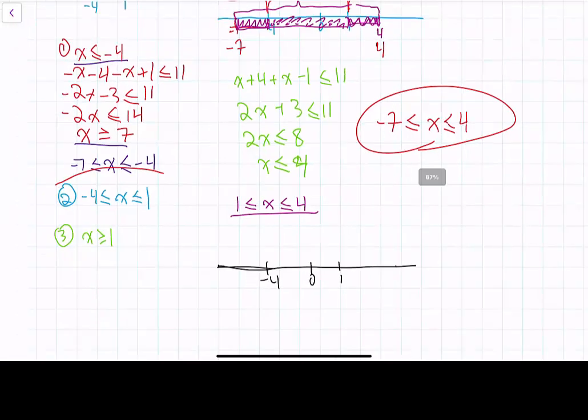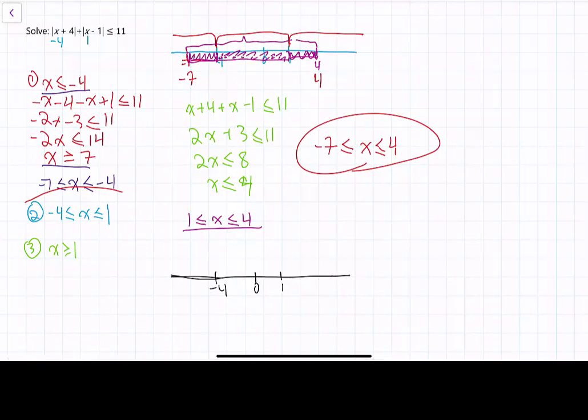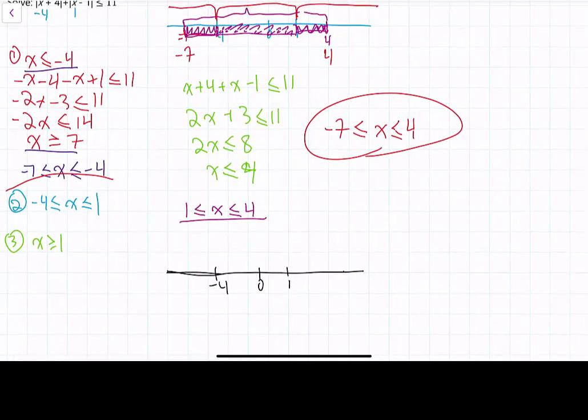We know that two distances, x plus 4 and x minus 1, added together must equal a total distance of 11. And remember, x is the same point, so we have to find a point on the number line where the distance of it to -4 and the distance of it to +1 added together is less or equal to 11.